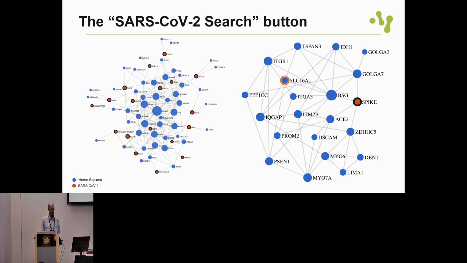Then you can go one step beyond that using the human network and see what binds the thing that spike binds. For instance, we found this SLC16A1 gene that later turned out to be quite related to COVID. So it gives you interesting candidates for how the viral infection proceeds.